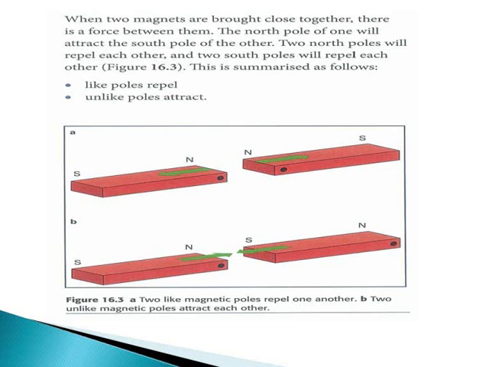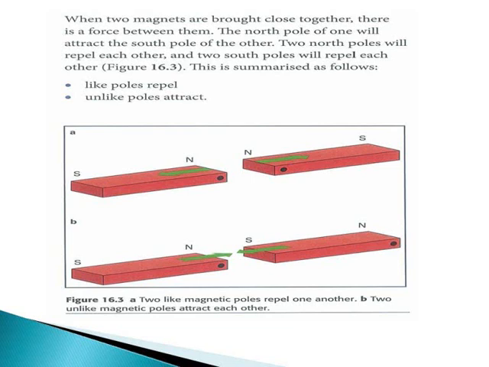And in figure B, they are different, N and S. So there is a force here. The force here will act in this direction, and the force between the different poles will act in this direction.